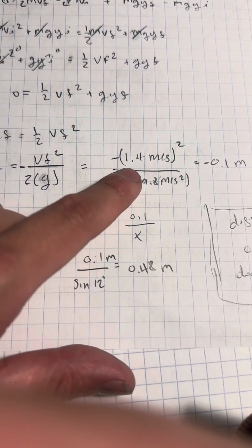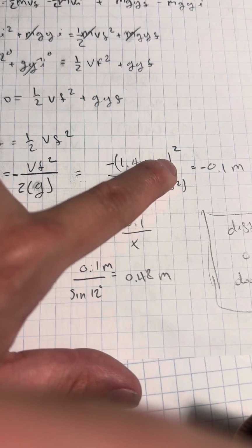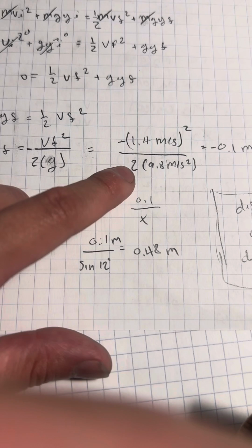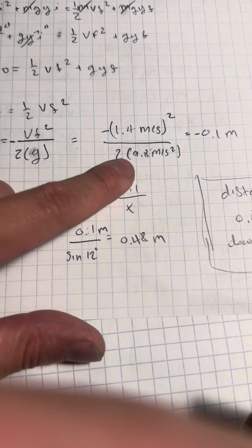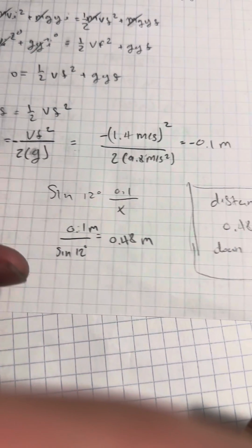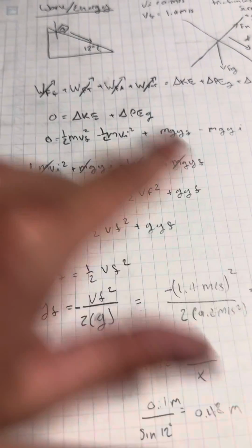Now we know the final velocity is 1.4 meters per second, and we'll square that. This negative carries over. It is all divided by 2 times 9.8 meters per second squared. And that is our y final, which gives us negative 0.1 meters.